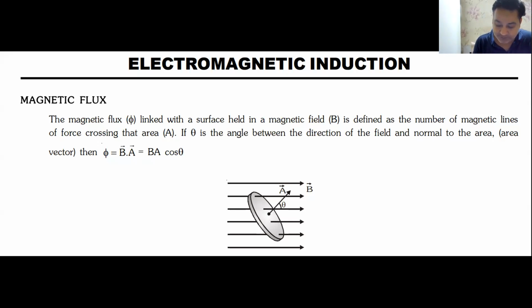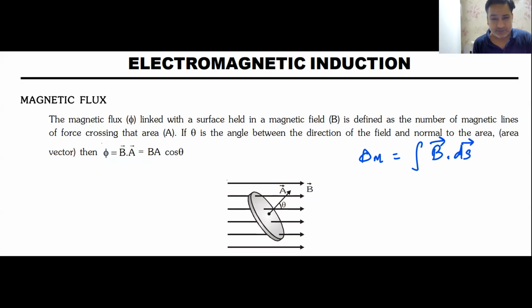So magnetic flux, if I have to write, magnetic flux Φm is the integral of B dot dS, where B is the magnetic field and dS is the small area. I'm sure you know this, yes or no? Okay, and we also know that this magnetic flux is a scalar quantity.